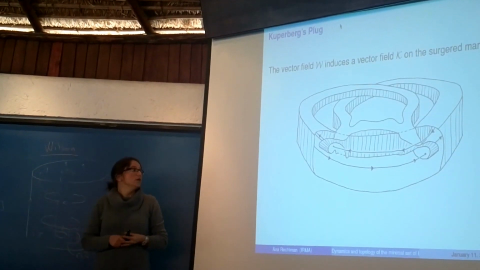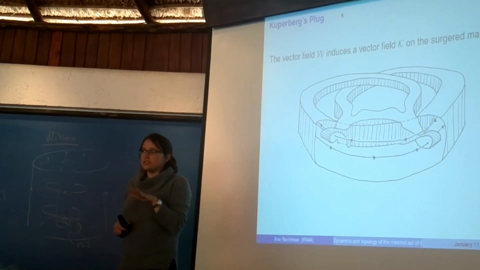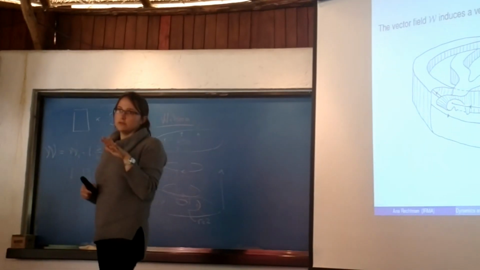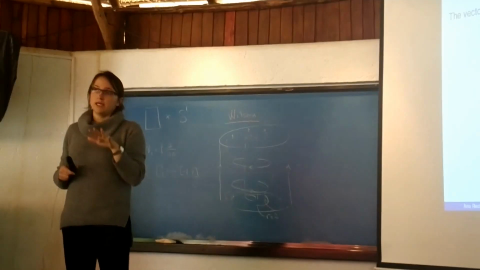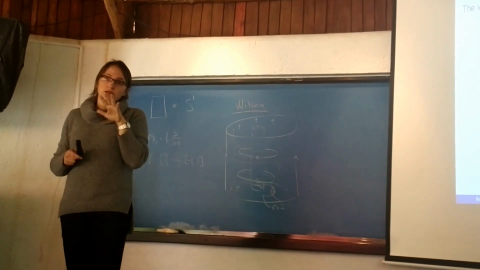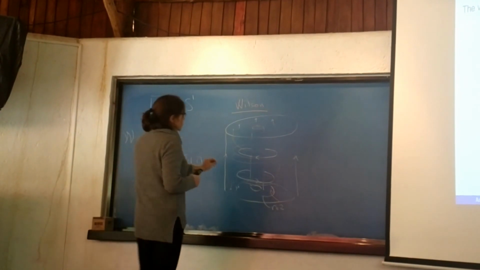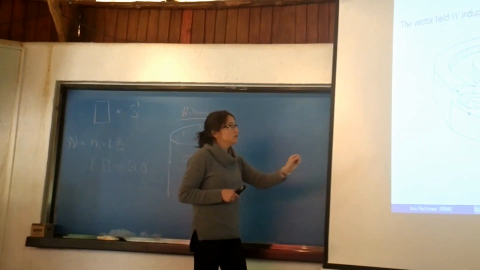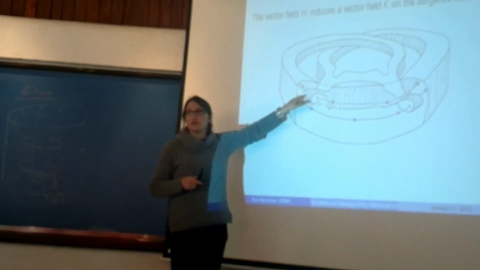Okay? And then I want this disk to be transverse to the flow, and that the special point I choose will get mapped to a point in the periodic orbit.